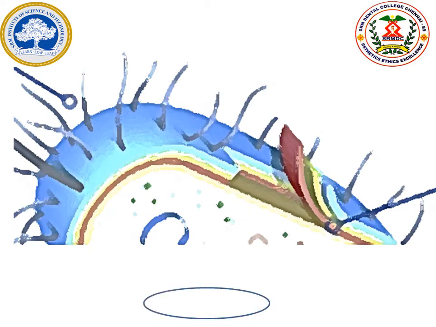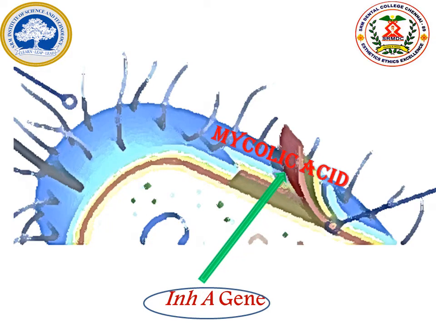This mycolic acid is synthesized inside the Mycobacterium tuberculosis by a gene called the INHA gene, which is responsible for many conversion reactions and finally produces the mycolic acid. This mycolic acid provides the waxy coat.